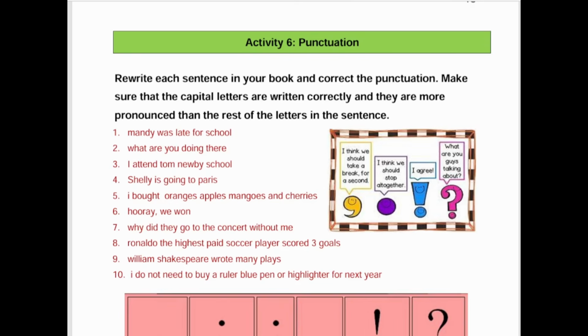So I'd like to give you maybe 1 minute. You copy down those questions, then you try to punctuate them at your own. Make sure you follow those rules. Make sure you know when you are supposed to use each punctuation mark.